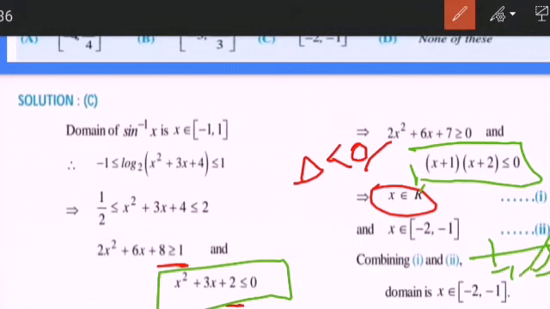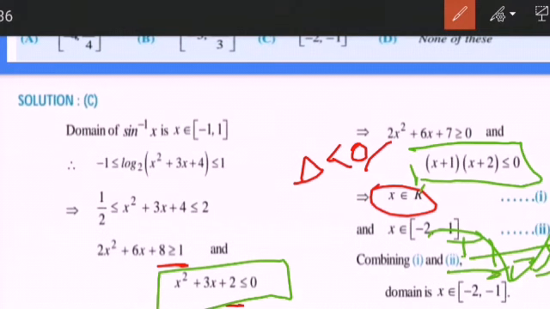So you see, cos inverse x has domain minus 1 to plus 1, so x plus g of x lies between minus 1 to plus 1.